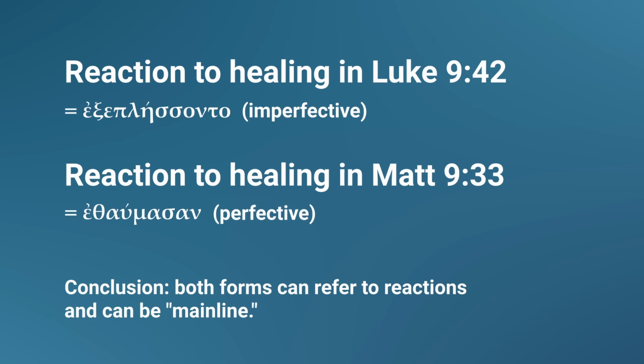But in Matthew 9:33, the reaction of the crowds to a healing is described with the aorist, ethaumasan. If Campbell says that the imperfect, exeplesonto, is used in Luke 9:42 because it is a reaction, then we should also expect the reaction of ethaumasan to be in the imperfect, but it is an aorist.